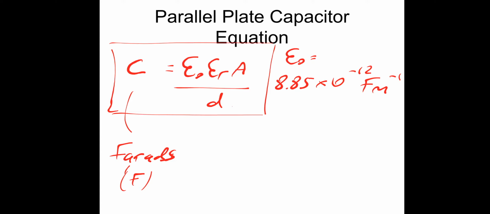So it sort of quantifies the ability of a vacuum to allow an electric field to be present. So let's just write this out. So permittivity of free space.